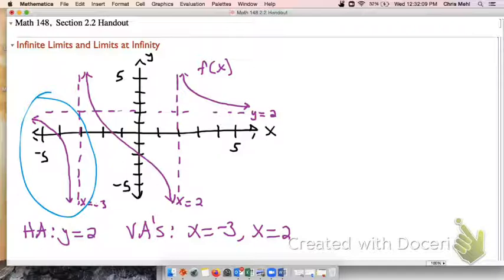Now, all of this information can be expressed using limit notation. So I could talk about the end behavior of the function.